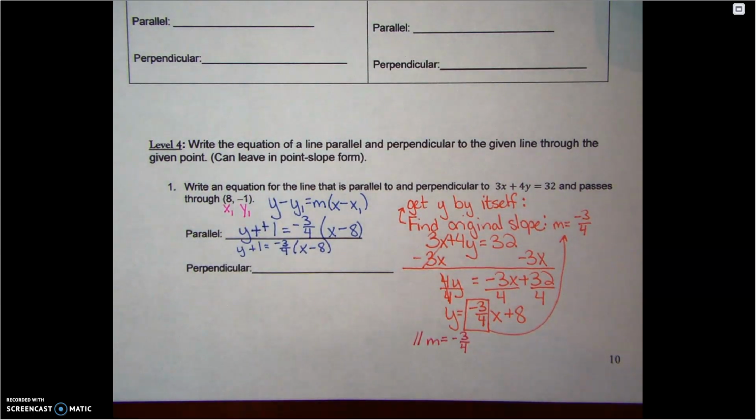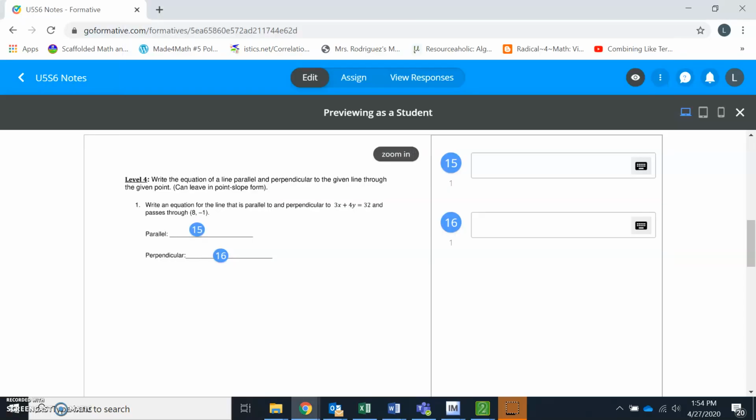So let's take a look and remind ourselves how I would put that into Go Formative. So here's the equation, the problem, and it would be y and then plus sign. We have to press shift and the equals key. So plus 1 equals negative 3 and then the slash button, that's the question mark, over 4.